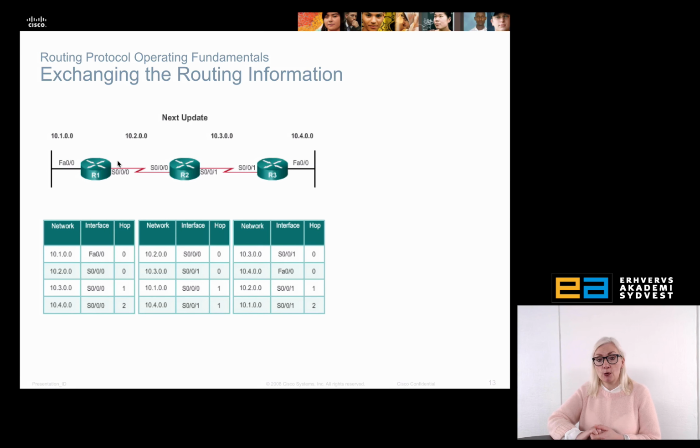The RIP protocol is an old protocol, and it's not very scalable, because if things get larger, it will take time before we have convergence. Convergence means that all the routers are informed about all the different networks. And that takes time when we are using RIP.